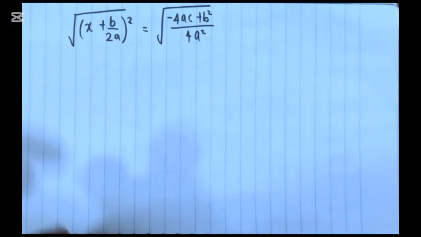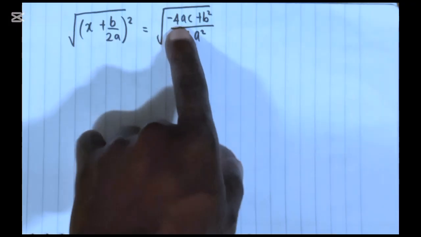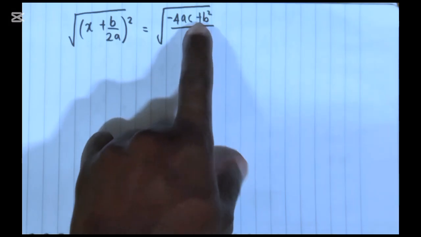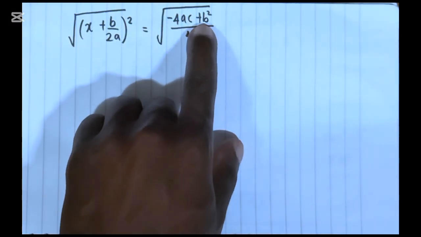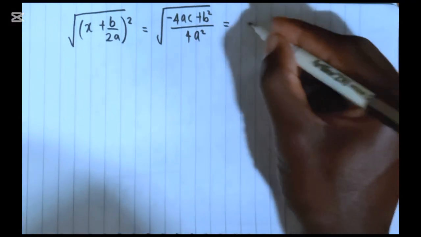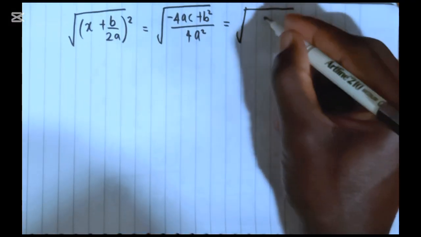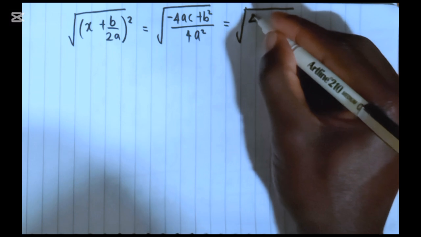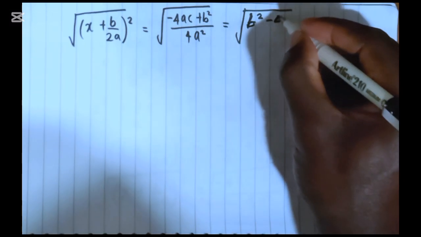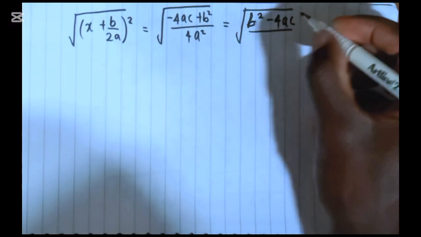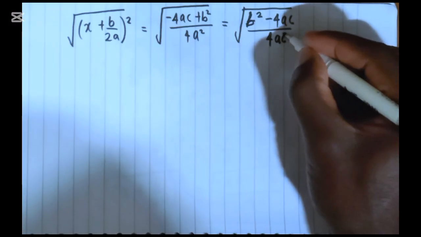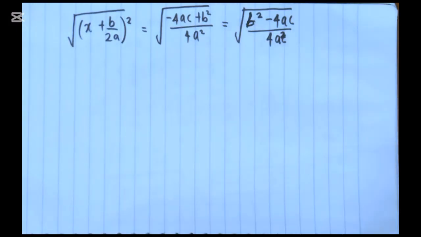Before we do anything, I want to rearrange the numerator in this algebraic term, and rewrite it so that we have b squared minus 4ac. I haven't changed the value, just the same thing, all over 4a squared.